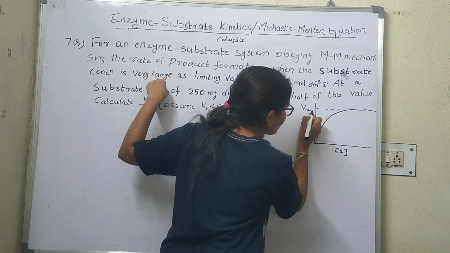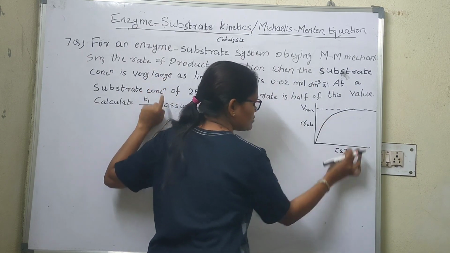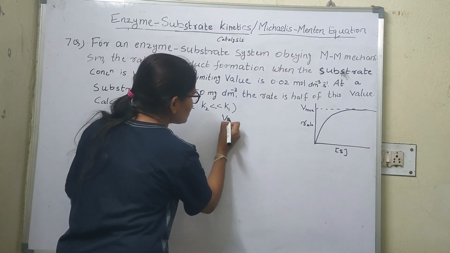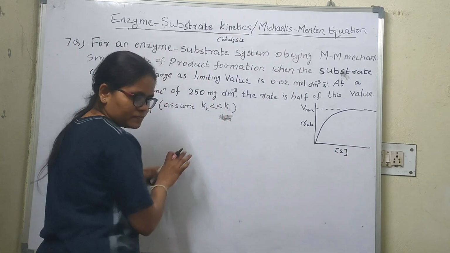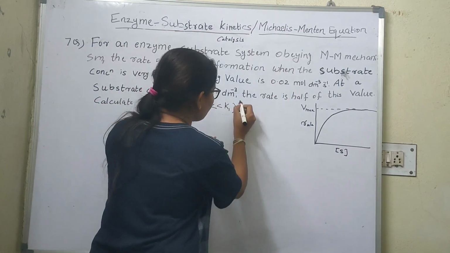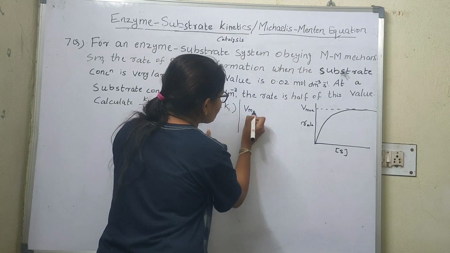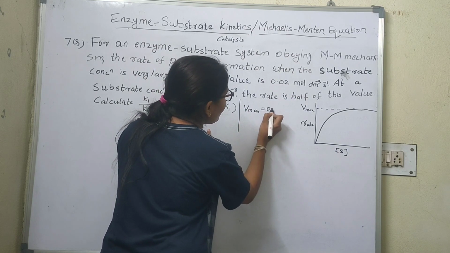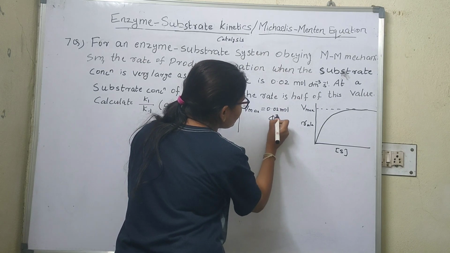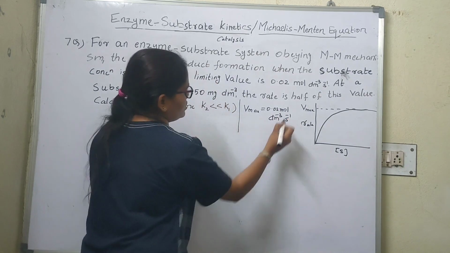So the rate becomes maximum at large concentration of substrate. So Vmax is given as 0.02 mole decimeter power minus 3 and second inverse.